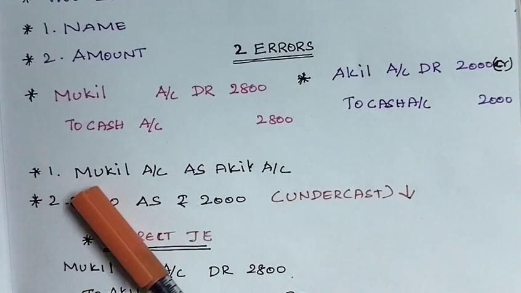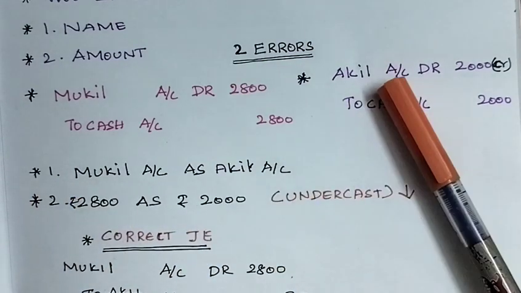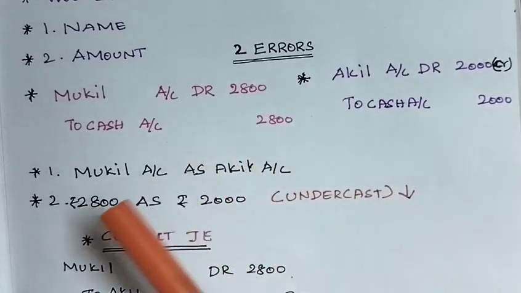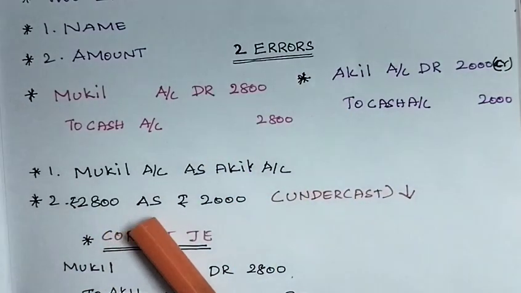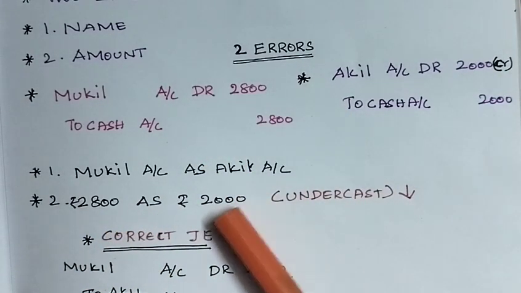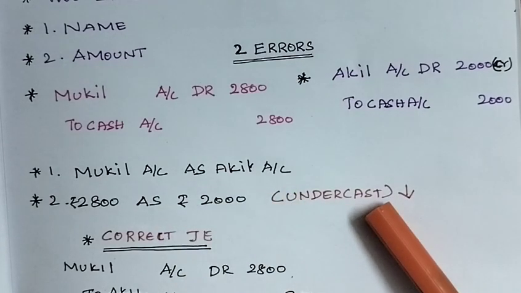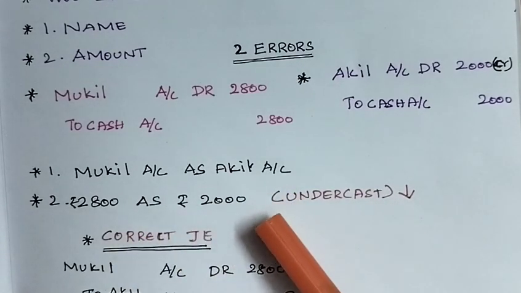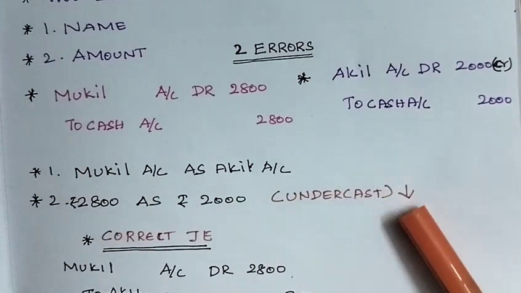Instead of Mukil account, they entered Akhil account on the debit side. And instead of 2800, they entered 2000 rupees, which means this is an under cost. They entered it decreased.